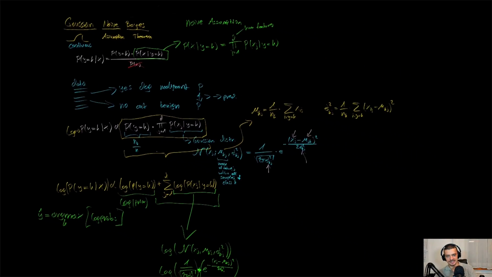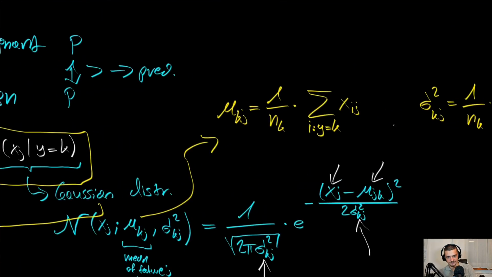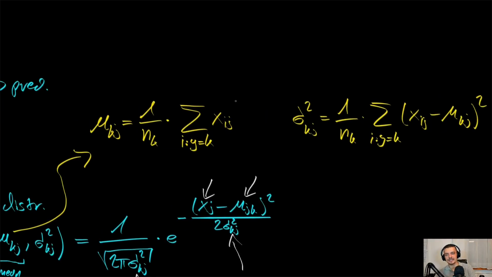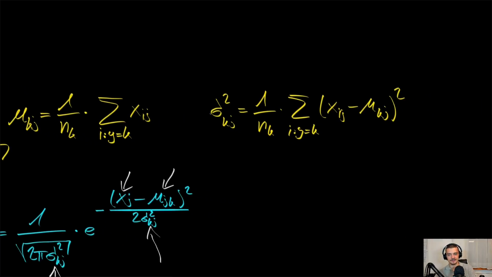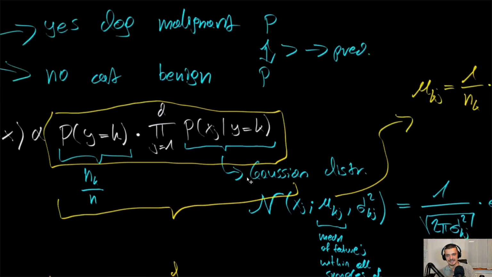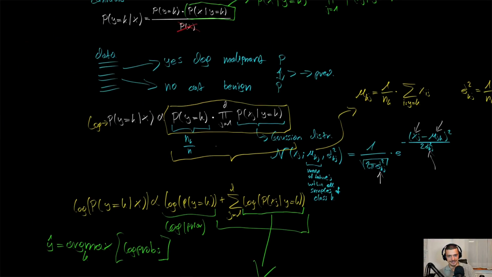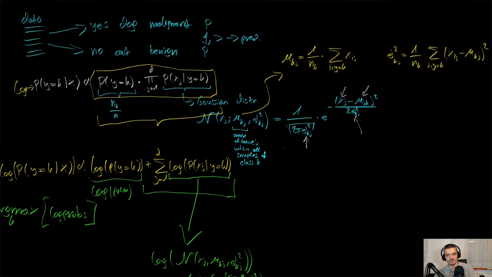What we do with this existing data is we calculate the mean for each class, and for each feature as well. So for each class and for each feature, we calculate the mean value and the variance. We also calculate the prior probability for each class. So how often does it occur in the data set in general? And then we use a normal distribution, the formula here for a normal distribution, to estimate all the probabilities.